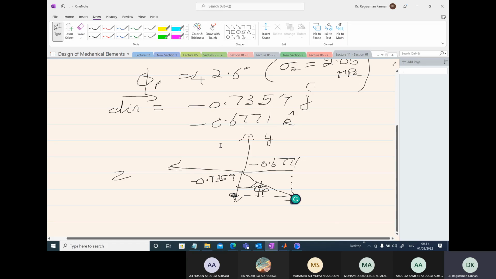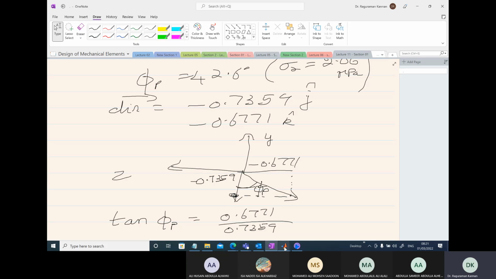Since we measured the angle with respect to y-axis, I am also measuring with respect to y-axis. I think this should be phi p, yes. Tan phi p should be the opposite side, 0.6771 over 0.7359. So let's calculate this angle and see what we'll get.